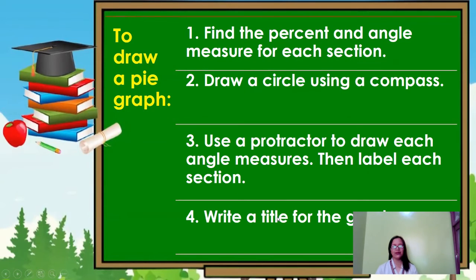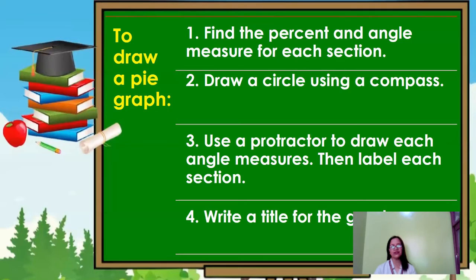So, to draw a pie graph, find the percent and angle measure for each section. So you have to compute for this rate and then the angle measure using degrees, because one whole pie, or one circle, is equivalent to 360 degrees or 100%.